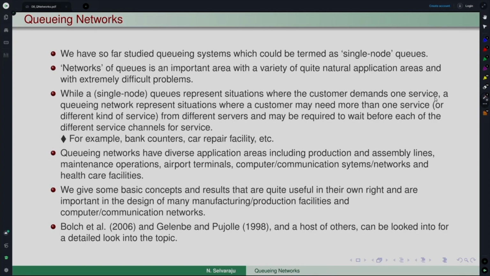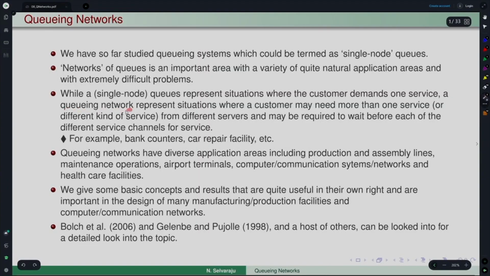Whereas if you go to some other place, say an airport terminal for example, first you have luggage screening, then checking in, then security check, then you have multiple stages you need to go through, and that is a situation that will come here, right.